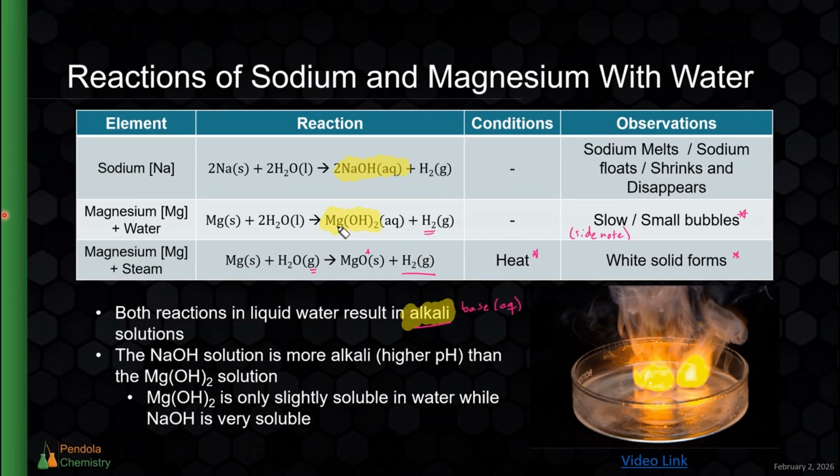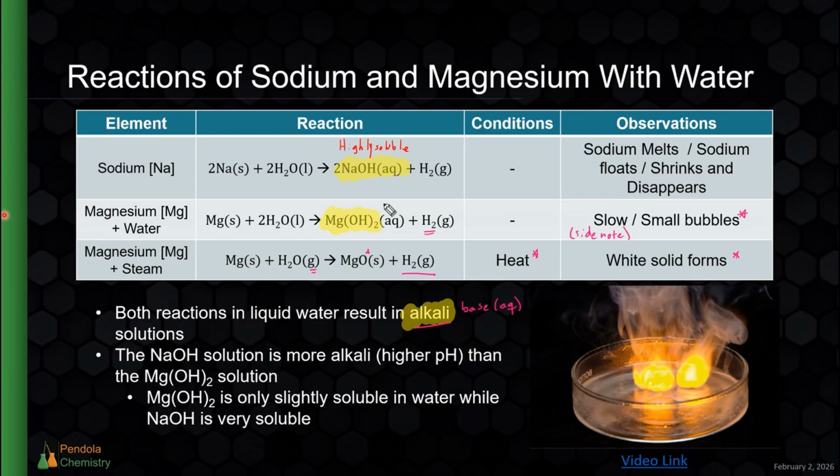The sodium hydroxide solution is more alkali than the magnesium hydroxide solution, and that's because while sodium hydroxide is highly soluble, let me write that on here, as far as solubility rules, this is highly soluble, meaning it all dissolves in water.